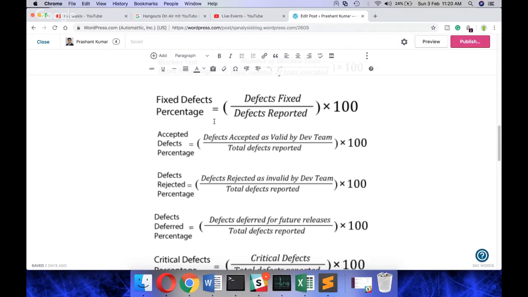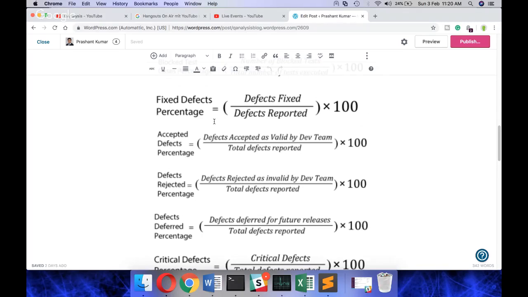It should not keep increasing, because it directly indicates the quality of the defects being reported by the software testing team. If this percentage is higher, that means a lot of defects were reported which were not acknowledged or accepted by the development team.